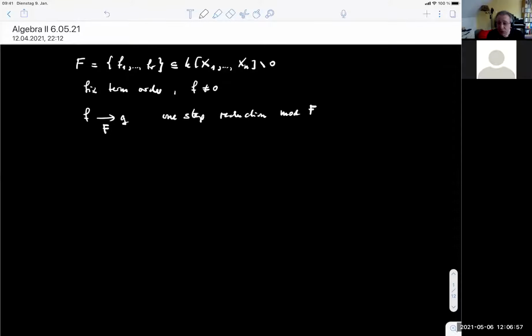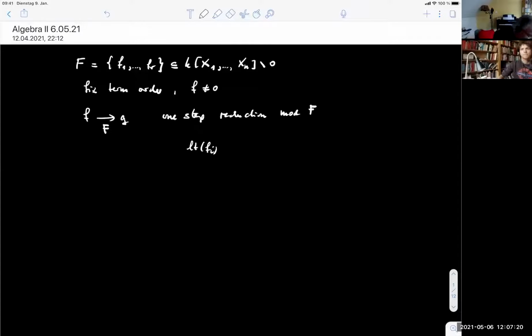We look at the leading terms of these polynomials, okay? And then we try to find the term of f which is divisible by the leading term of fi.